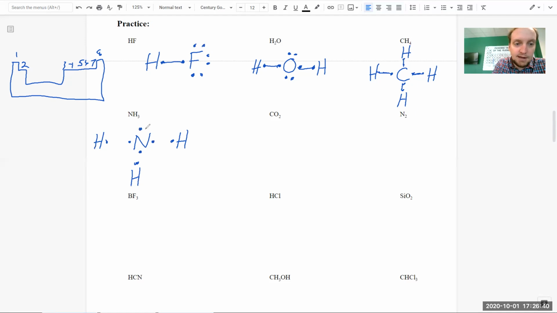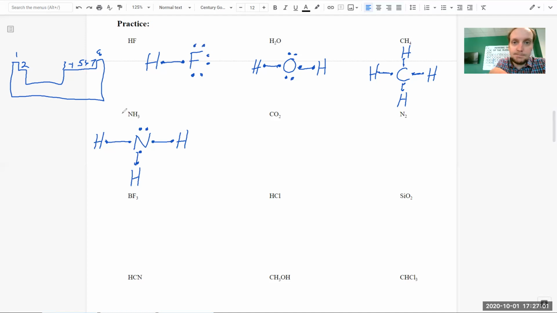And then I have an extra pair. Remember, you always end up with pairs. Just to remind you, if you have any extra electrons, they're always going to be in pairs, right? Never by themselves. I'm going to go ahead and bond these together. And there we go. So that's what ammonia is going to look like.